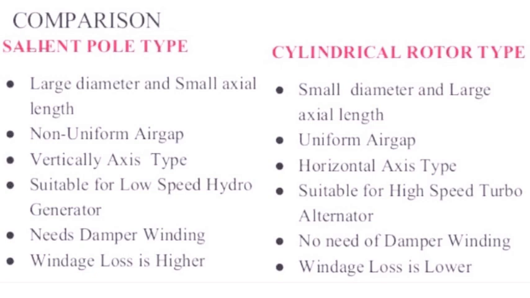And in the salient pole type motor windage loss is higher, because in this we use concentrated winding, so the requirement of copper and other materials used in the winding work increases, and windage losses increase in the salient pole synchronous machine.